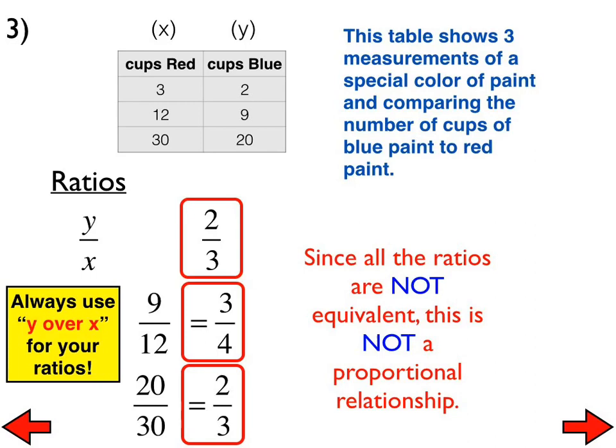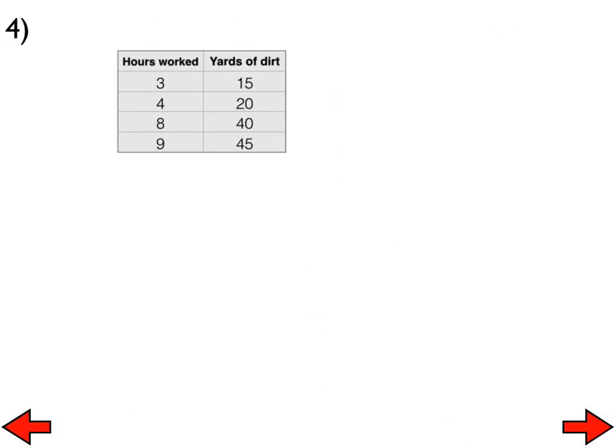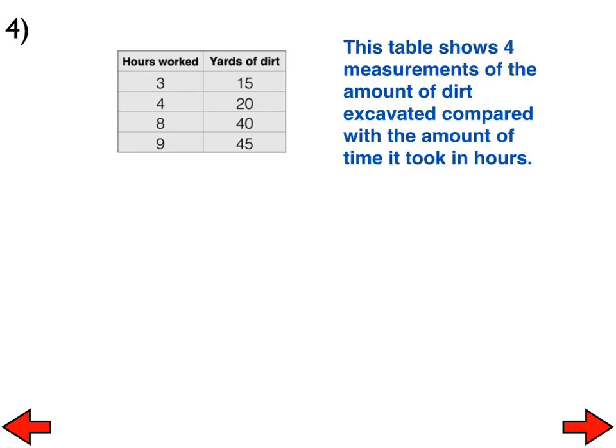All right. Let's now go to number 4. Number 4, we are comparing the number of yards of dirt to hours worked. This table shows 4 measurements of the amount of dirt excavated. Excavated means they're digging it out, compared with the amount of time it took in hours. Check to see if that is a proportional relationship or not, please.